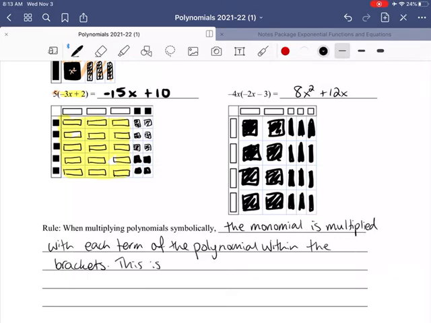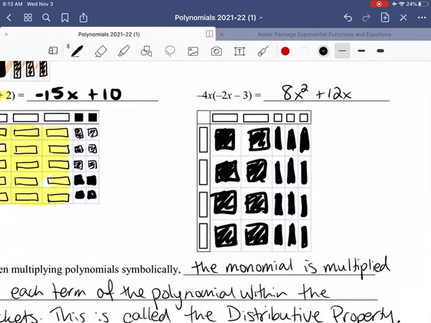This is called the distributive property. Okay. What this means is you are going to multiply the negative 4x by the first thing.